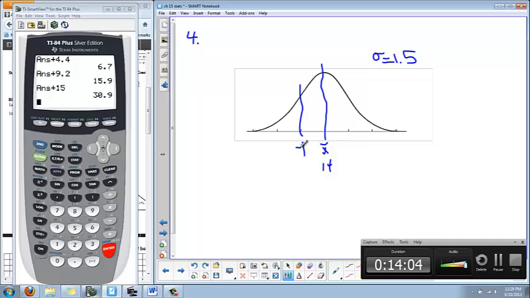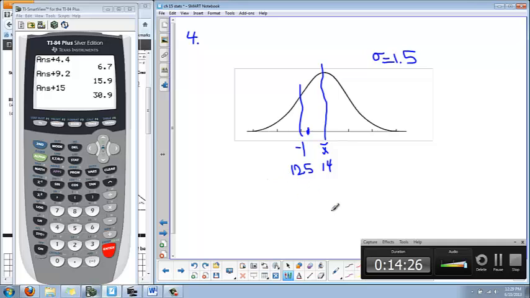If I had to say anything, I'd say it's a little bit above that because we only hit actual 15.9. So what does that score represent? If the average is a 14, what if I take 14 minus 1.5? So that's a 12.5. So I'm looking for a score that's a little bit above 12.5.